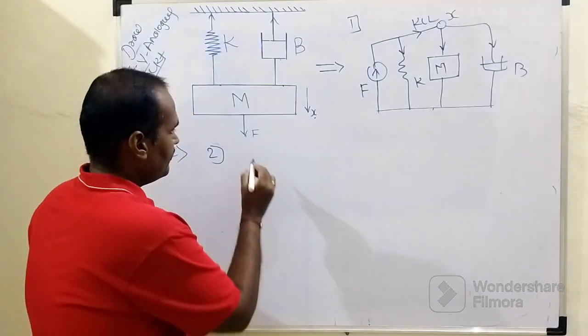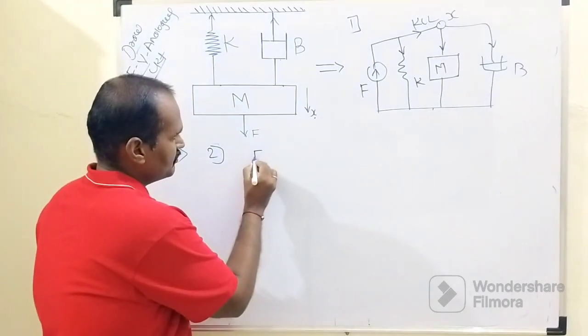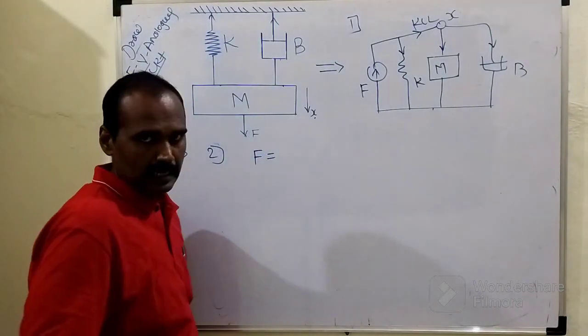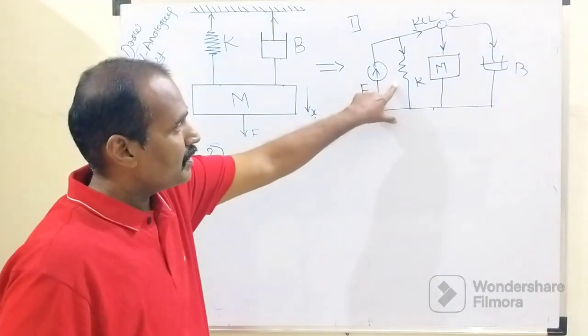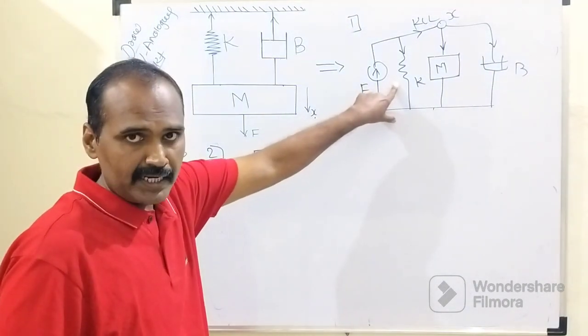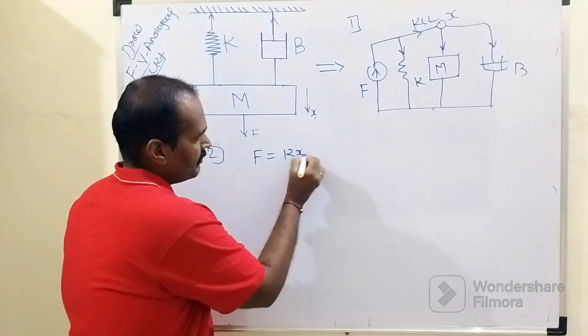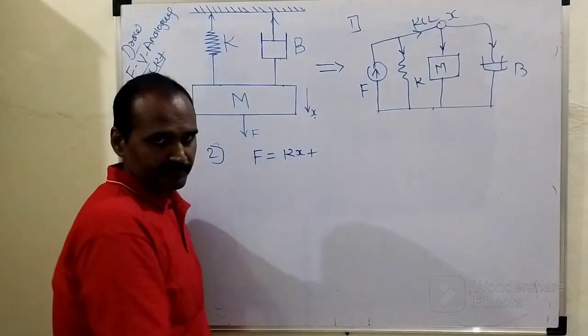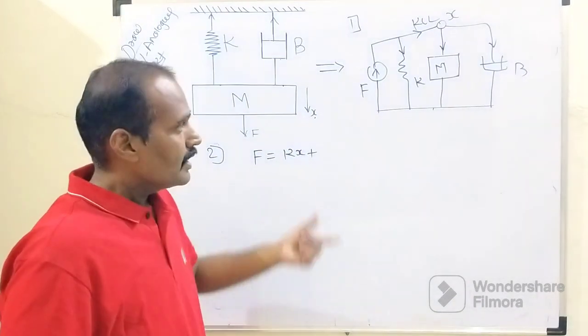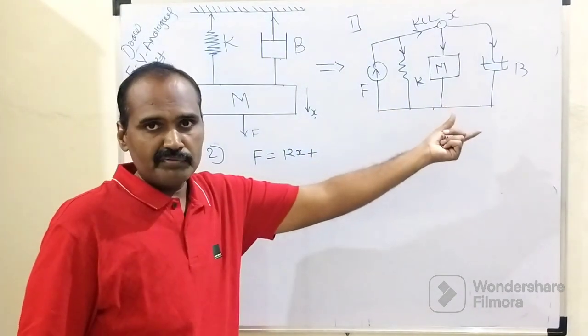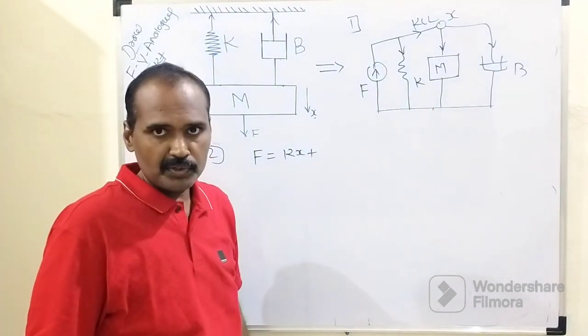So accordingly, when we write the KCL equation in terms of force, it will become capital F, right? We need to recall the system equation for the spring. The spring is associated with this displacement x, so it will become kx plus, because KCL is nothing but the summation of incoming currents equals the summation of outgoing currents.